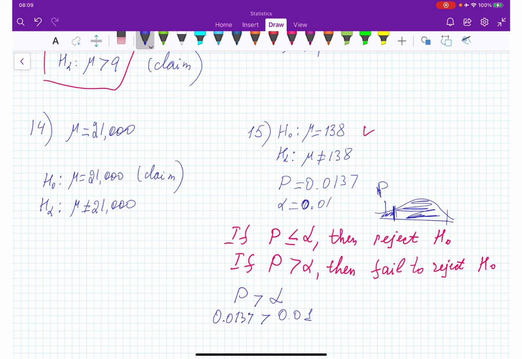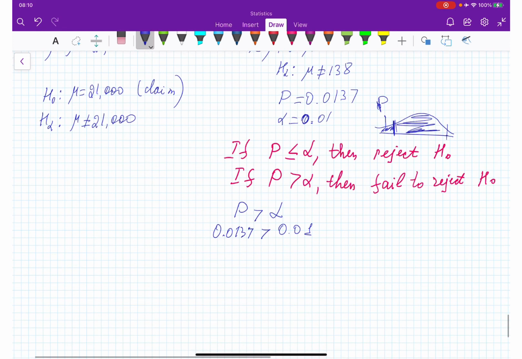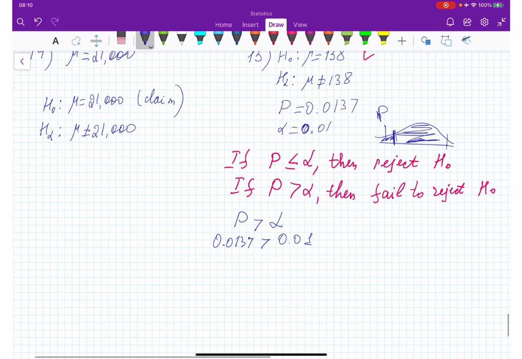I introduced a little bit about p-value and alpha, but to understand it you have to watch the video lecture, 7.2 for this one.